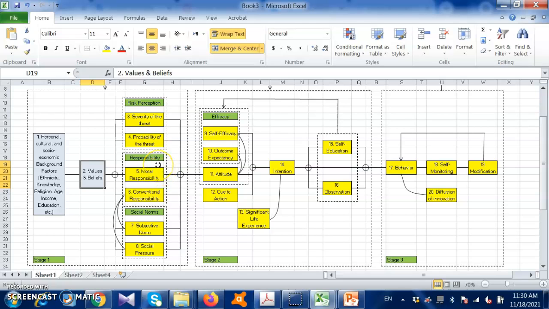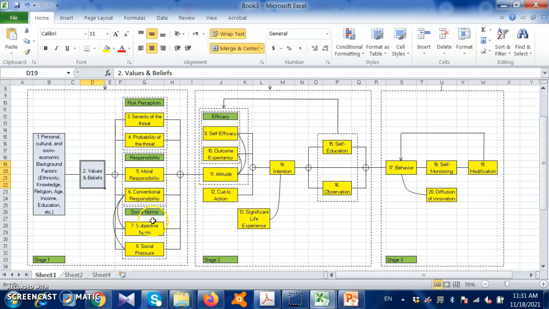The second component is responsibility, which is divided into moral responsibility, which is whether preparing for a hurricane is the moral responsibility of individuals or not, and conventional responsibility, which comes from our image in society and whether we want to be perceived as responsible people or not.